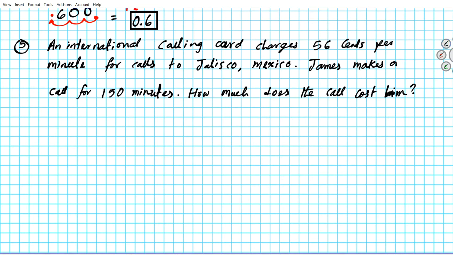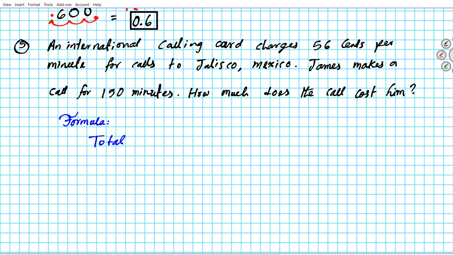Now, to get us started with this one, we are going to specify the formula that will guide our problem solving process. Okay, so for a problem like this, we have a unit cost and multiple units of that particular unit cost, and we want to find the total. We're going to use the following formula.